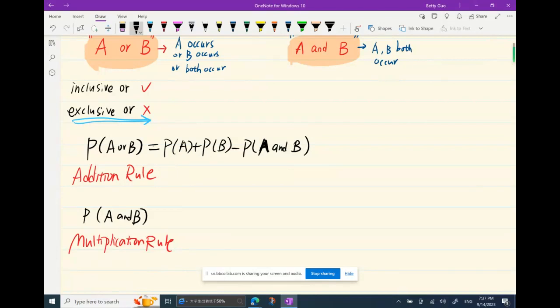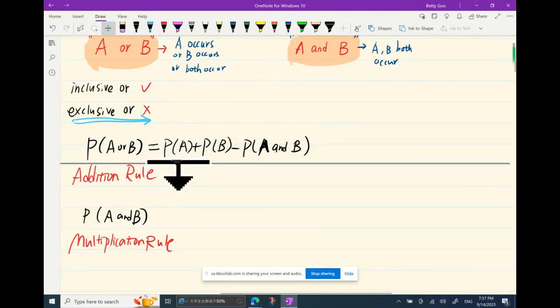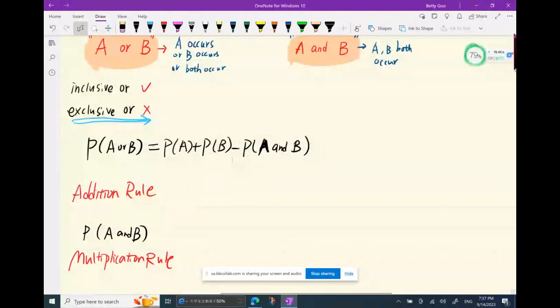The addition rule has another formula, which is in fact a special case: the probability of A or B when A and B are disjoint.